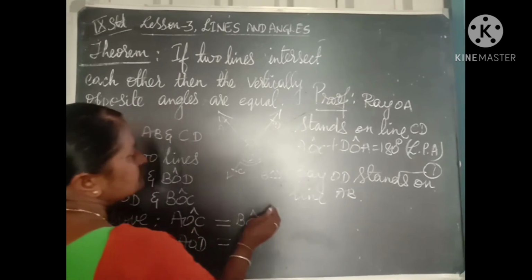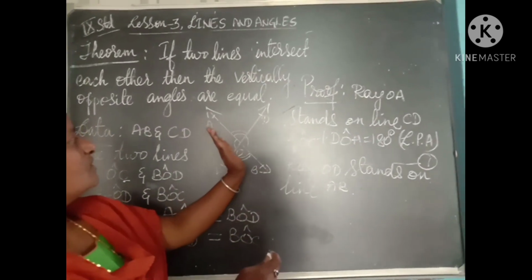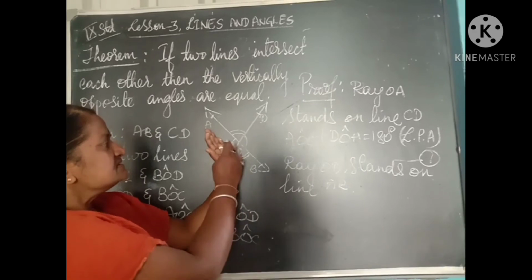Now because ray OD stands on line AB, it gives us two angles.